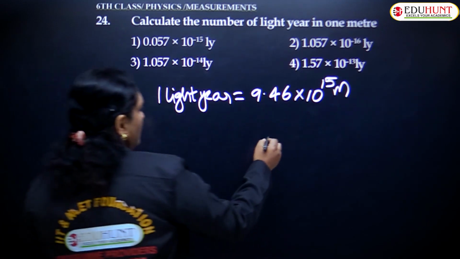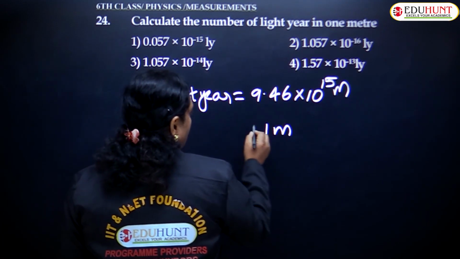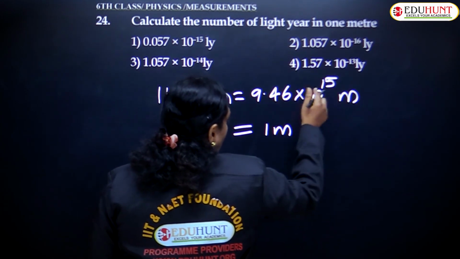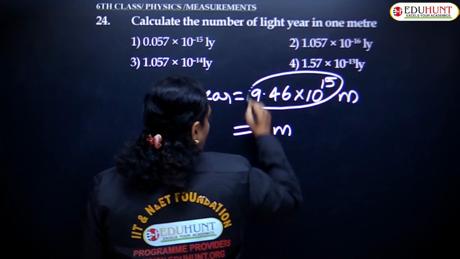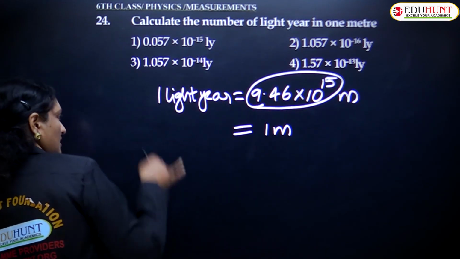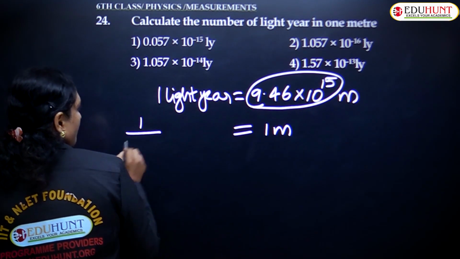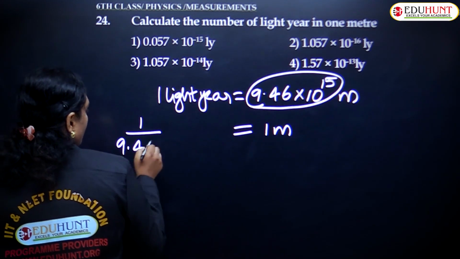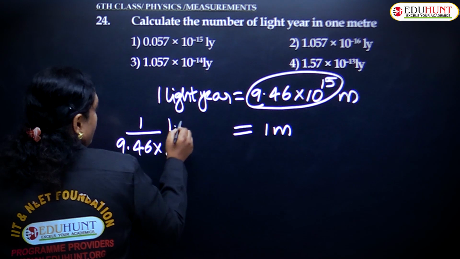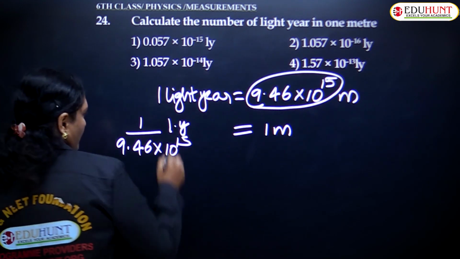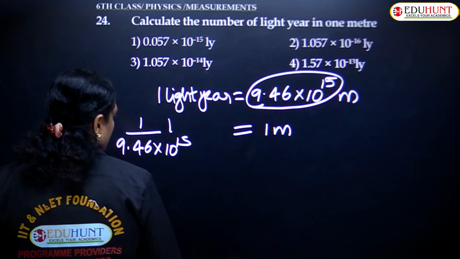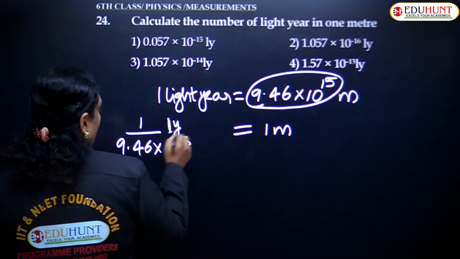If you want just 1 meter, then the whole number is carried to the other side. When the number goes to the other side, it becomes the reciprocal: 1 by 9.46 into 10 power 15 light years. Light years, I write as Ly.